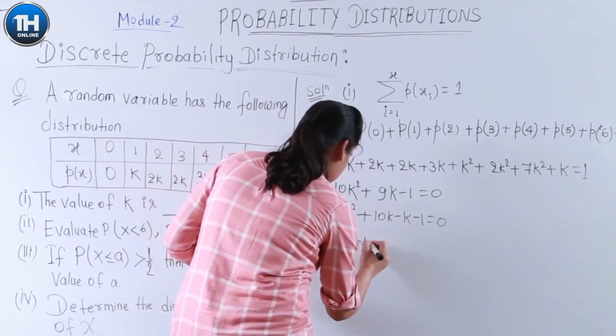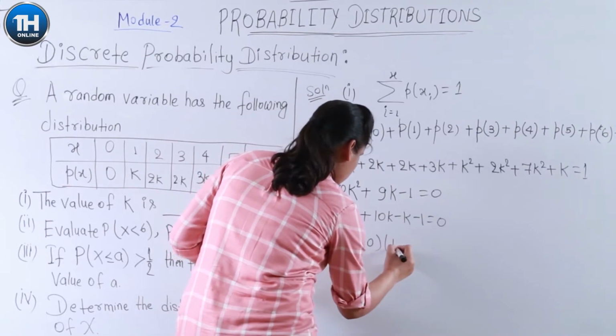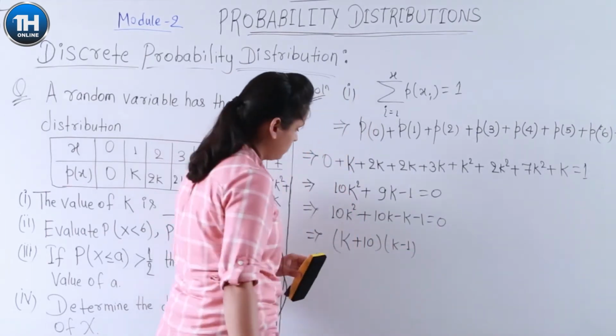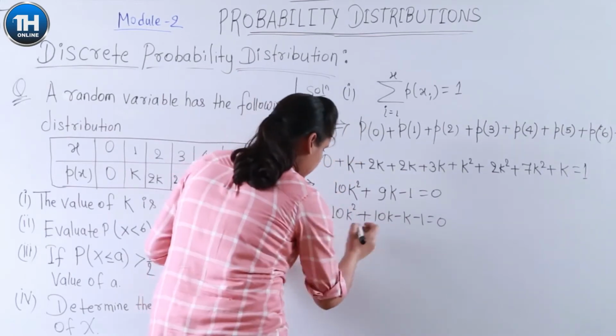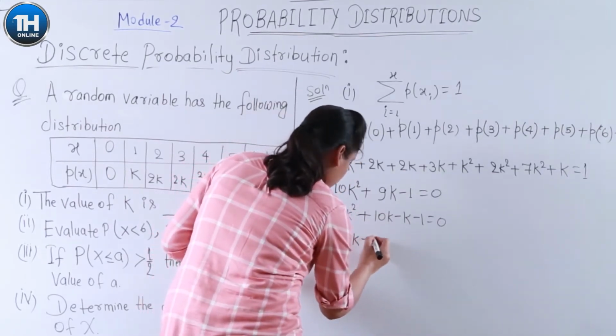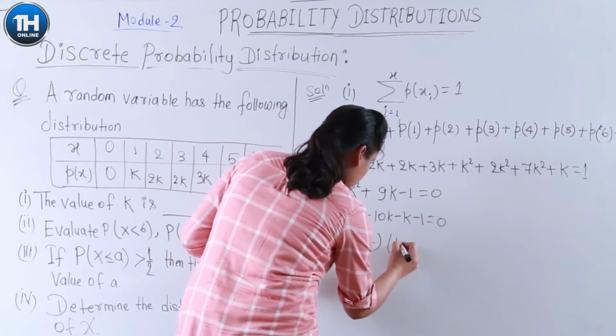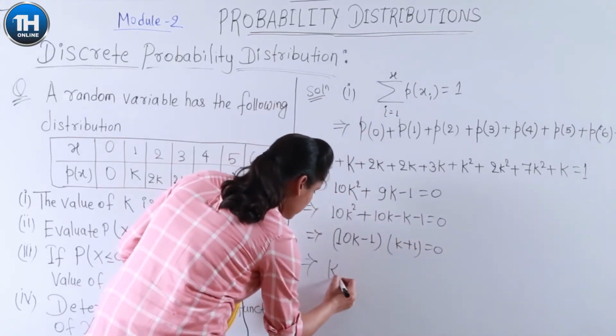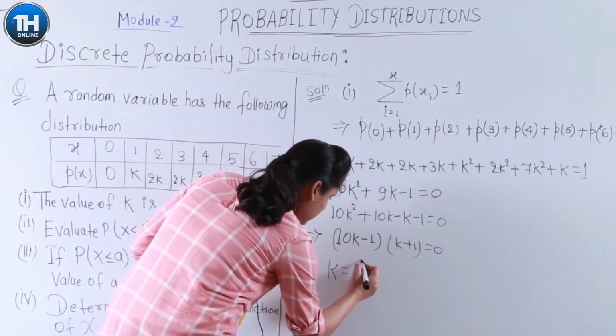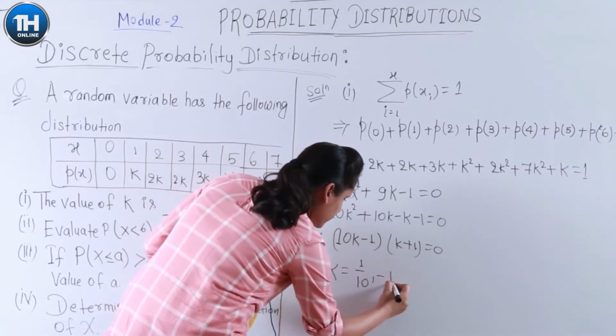We can take common 10k: 10k minus 1 into k plus 1 is equal to 0. So k takes the values 1 by 10 and minus 1.